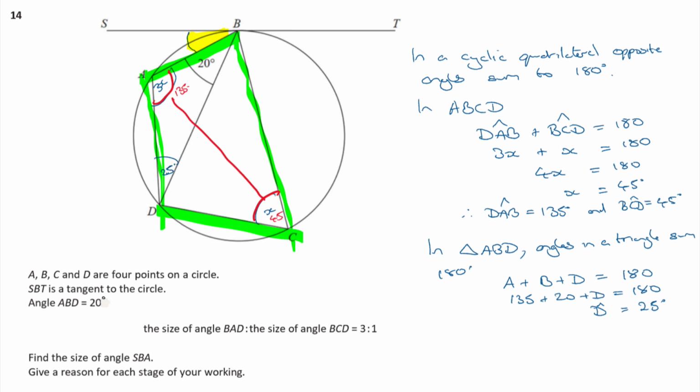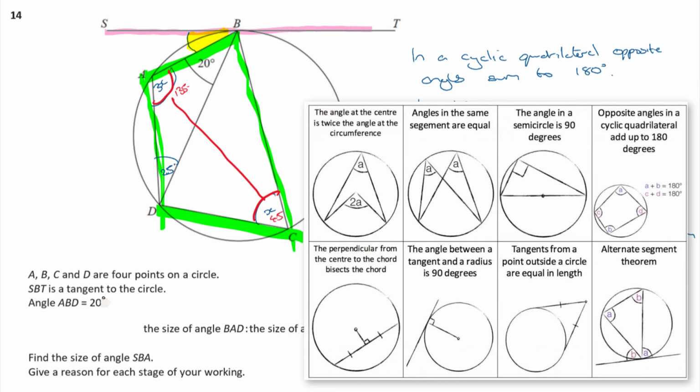Now I think I'm pretty much done here then, because the last thing I want to look at is the alternate segment theorem. So I've got a tangent here, SBT, and I've got a chord drawn at the point of contact going in this direction. And the alternate segment theorem says that the angle between the tangent and the chord is equal to the angle subtended in the alternate segment, which is this one here.